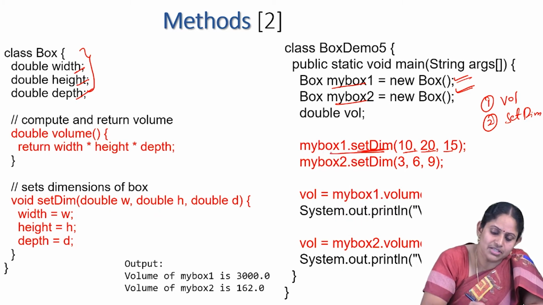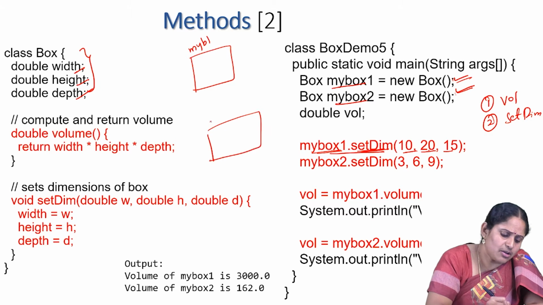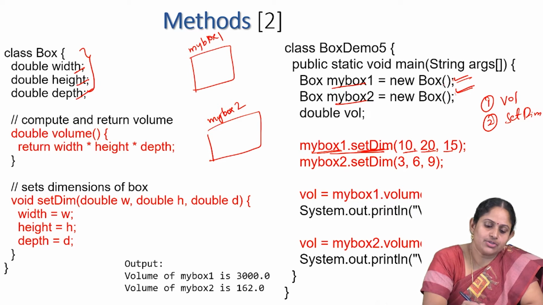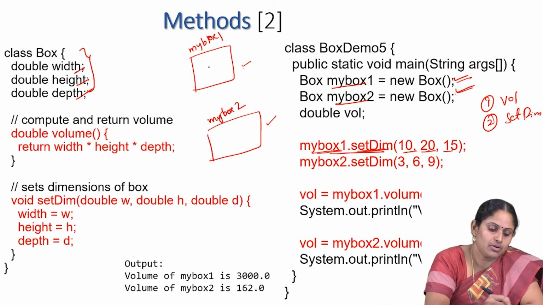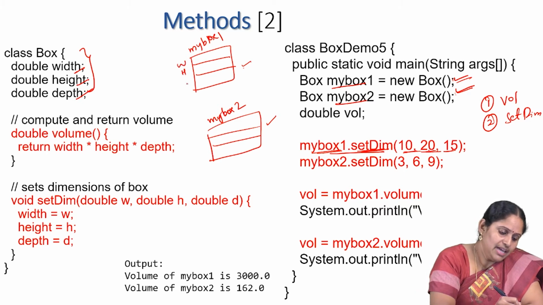We are calling this setDimension method on myBox1. On the execution of these two statements, two objects will be created, myBox1 and myBox2, with three variables each. And we are calling the setDim method on myBox1. So setDim will set these values to myBox1. So this is width, height and depth.